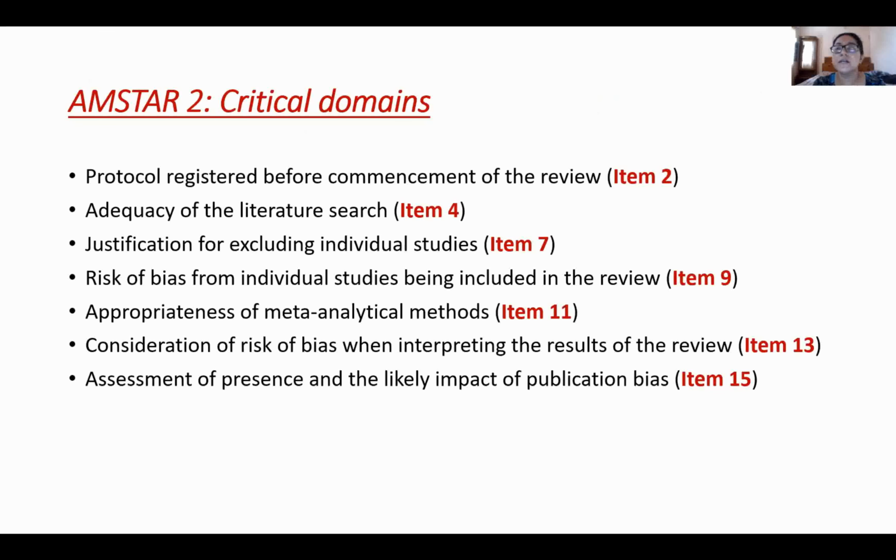So what are the critical domains in AMSTAR 2? This is just a guideline that has been provided by the developers of AMSTAR 2. These are the critical domains, which means if there are flaws in these domains, it will be considered a critical flaw.